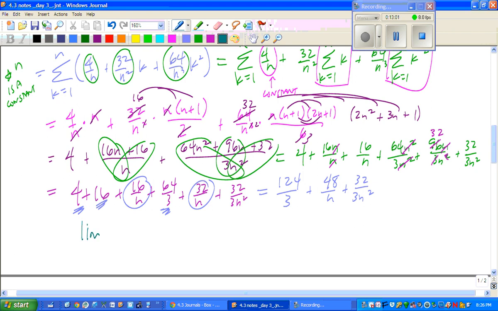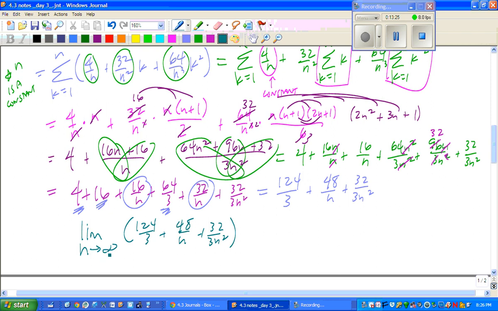If we take the limit as n approaches infinity, as the number of rectangles gets larger and larger, of this expression right here, that's going to give us the exact area under that curve. So the limit of that is going to give us the exact area.